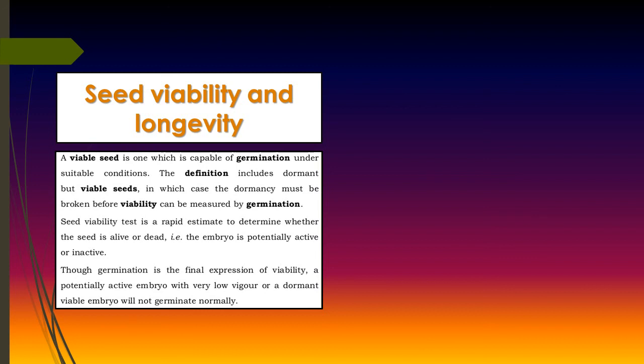Dormant seeds can be viable or non-viable. If viable, its dormancy can be broken. Germination is the final expression of viability. A potentially active embryo with very low vigor, or a dormant viable embryo, will not germinate normally.